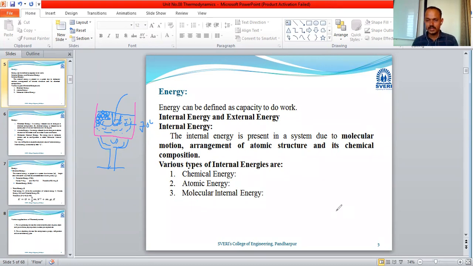So suppose here we have one flat pot, and if we add water, we consider all these molecules. I will draw them a bit bigger, because they cannot be observed with our naked eyes. So these are the molecules.